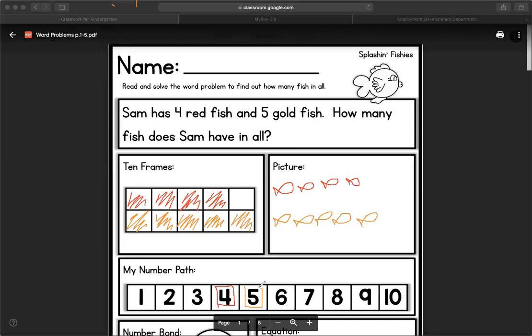Then I'm going to move, so it's saying that I have 4 fishes and 5 goldfishes. So I have to move my 4 5 times.